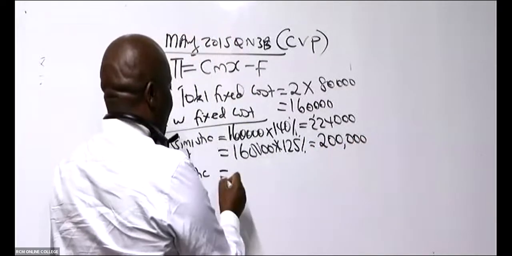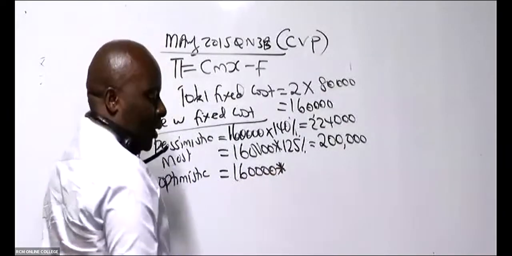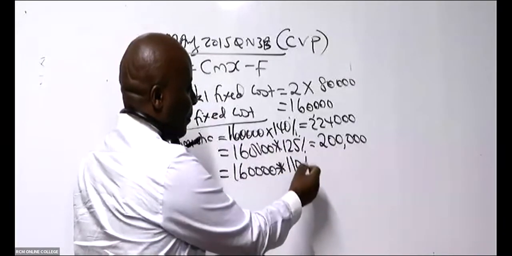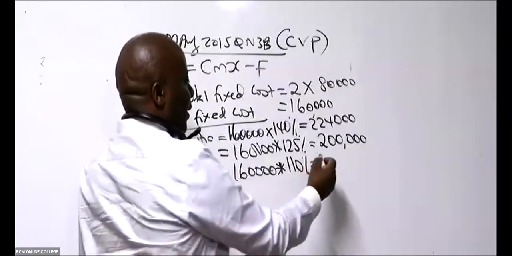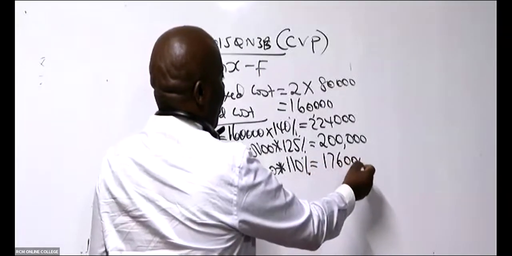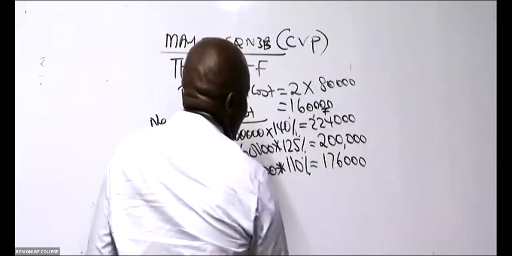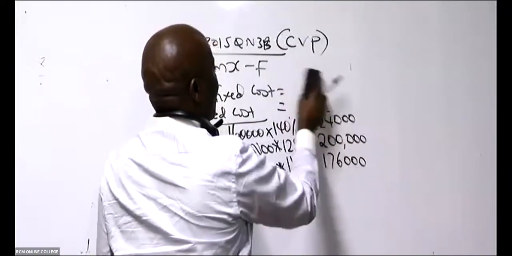From there, we have optimistic, which will be 160,000. What is the percentage increase? 10%, so multiply this by 110%, which is 176,000. So these are the fixed costs.